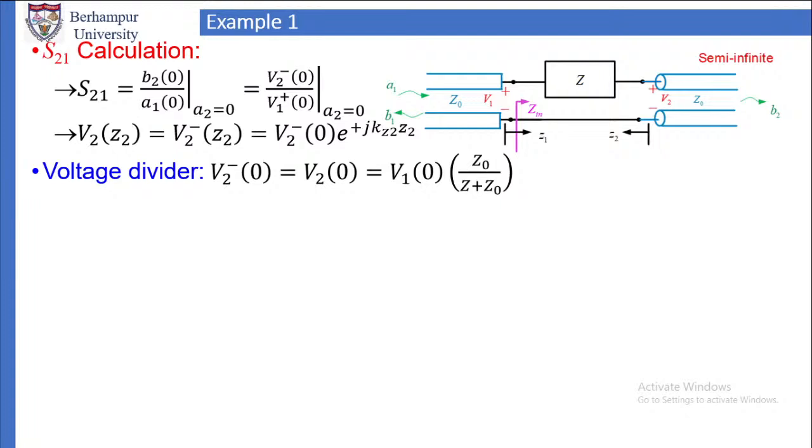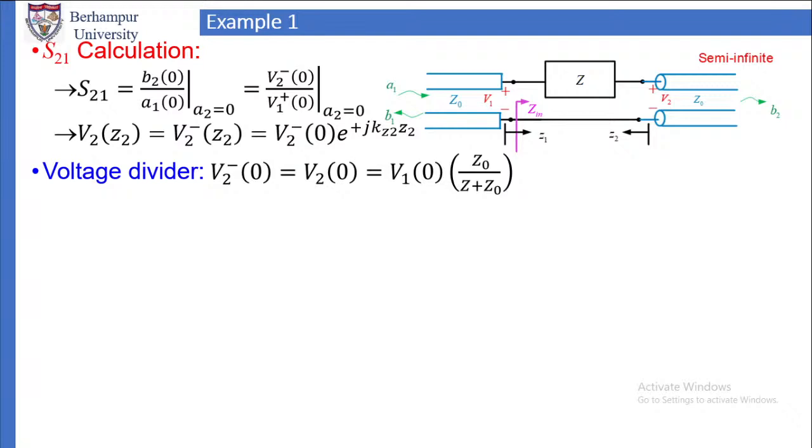Then you know the voltage divider principle. Let us use the voltage divider principle. V2 minus 0 is equal to V2 0, and this we have seen already. I have explained this. V2 minus 0 is equal to V2 0 when you put z2 equal to 0, or when you are considering the reference point.